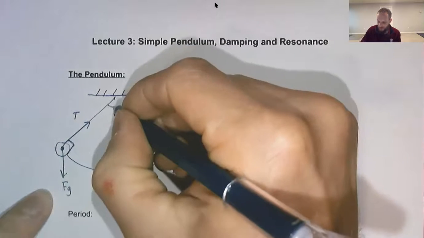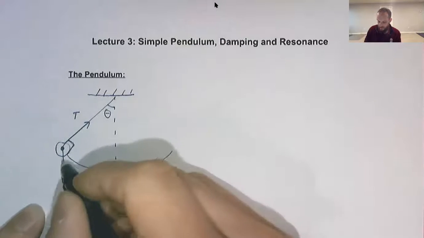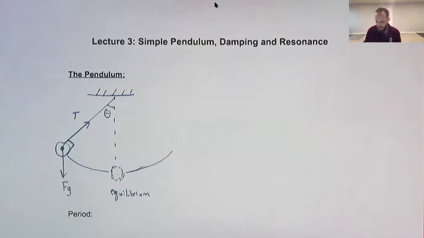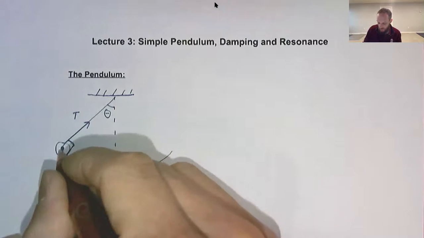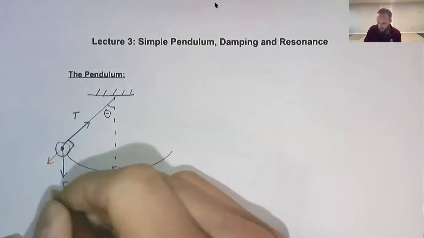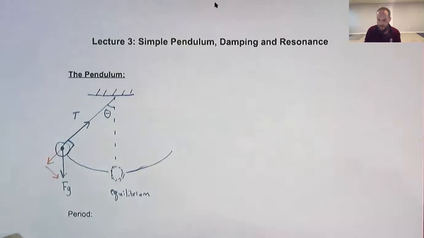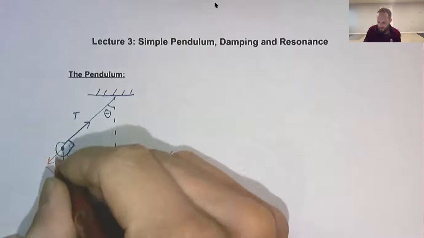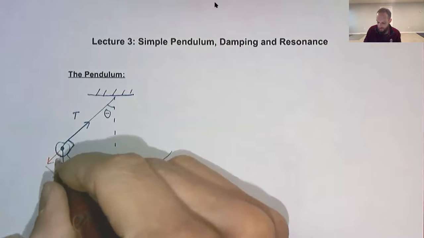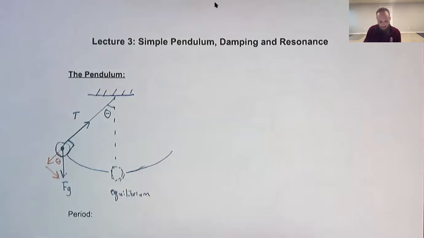So if I pull my pendulum back to angle theta, I can take my gravity force and break it into components. There's a part of gravity that's pulling outward and a part of gravity that's pulling forward along this path. And it's this forward piece that matters to me. This angle right here is the same as the angle theta that this thing's pulled back.